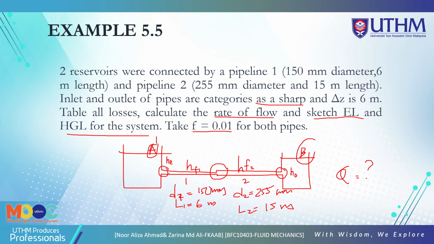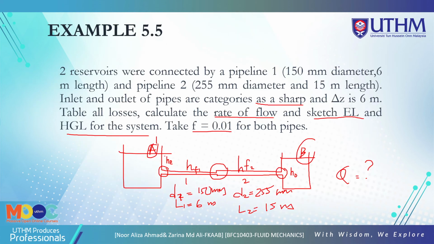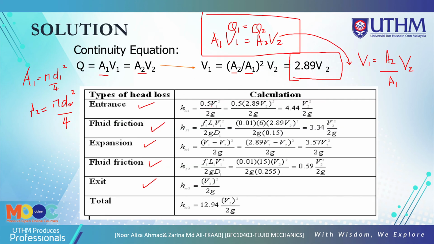So you have 1, 2, 3, 4, 5, so you have 5 head losses. So you have the entrance here. Entrance is based on 0.5 V1 squared over 2G. This is H entrance.